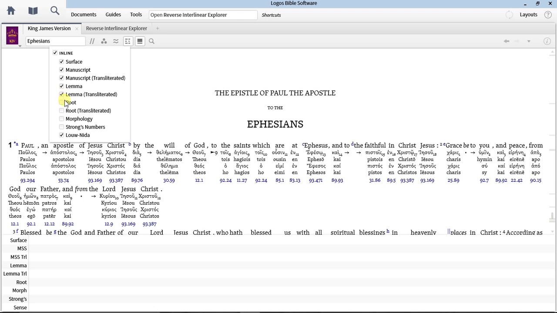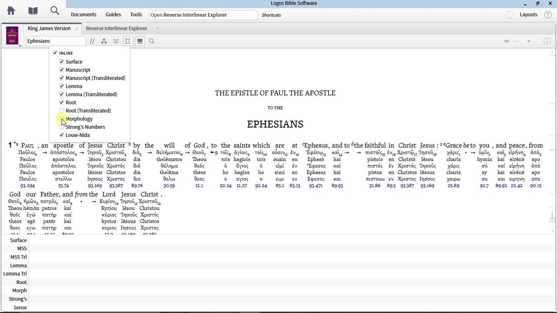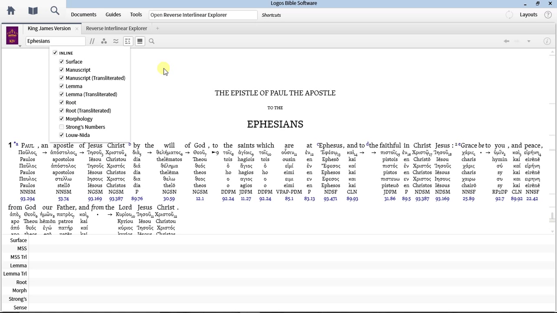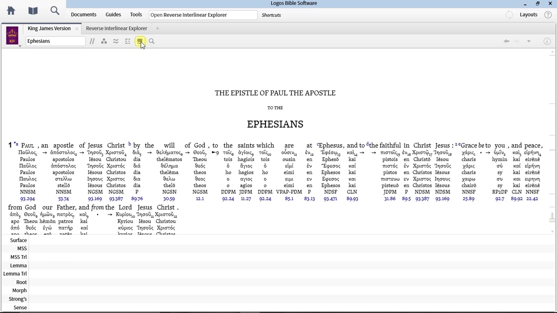And the root, this actually gives you more options to put under here. And the DVD did help explain some of these. So you can use it this way, as well. My system's really slow. I think this is interlinear as well at the bottom here.